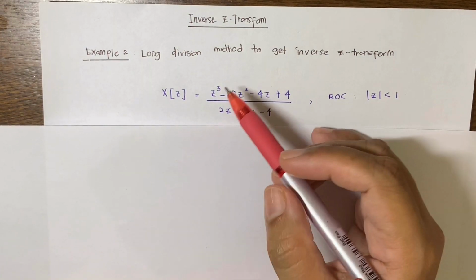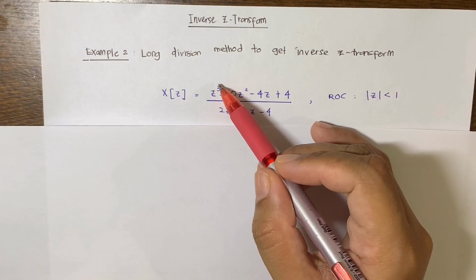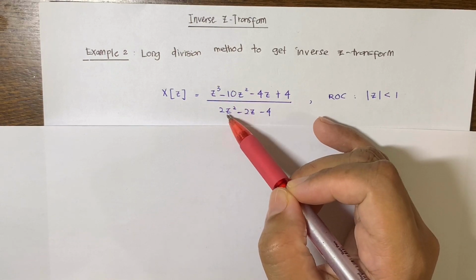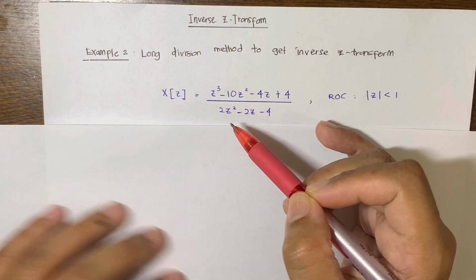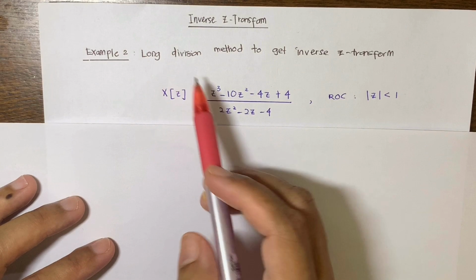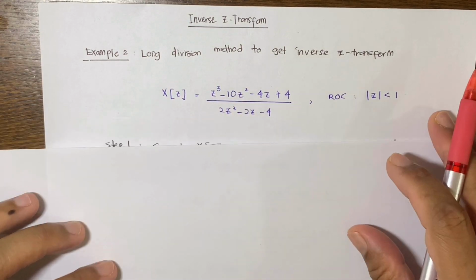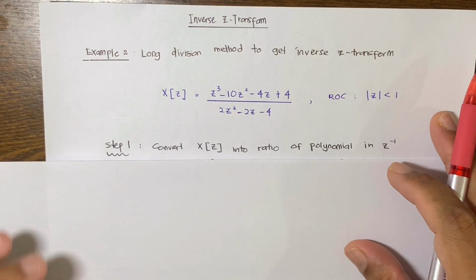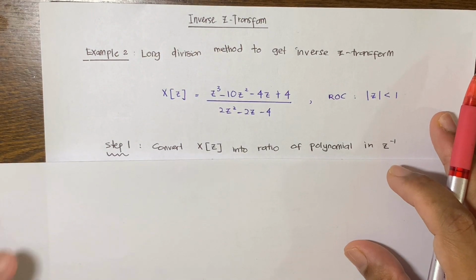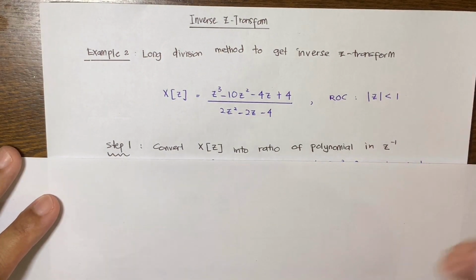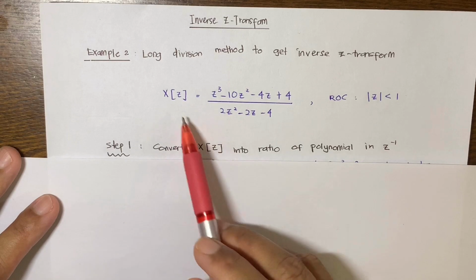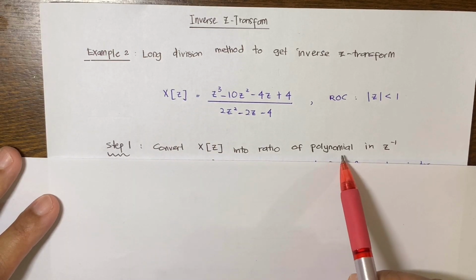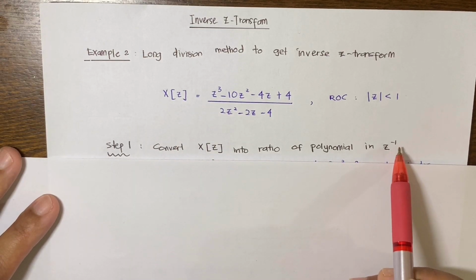We know that the numerator polynomial degree is greater than the denominator, so we need to perform the long division method. We have 3 steps here. The first step is to convert X(z) into a ratio of polynomials in z to the power of negative 1.